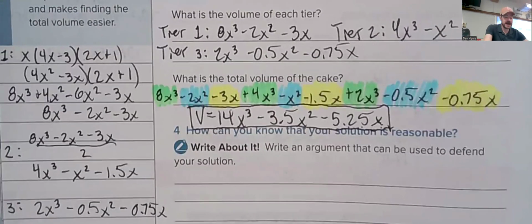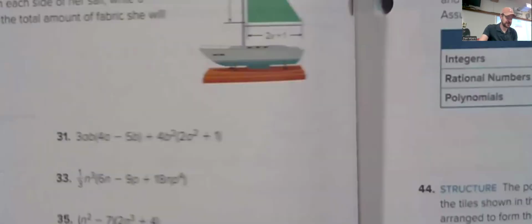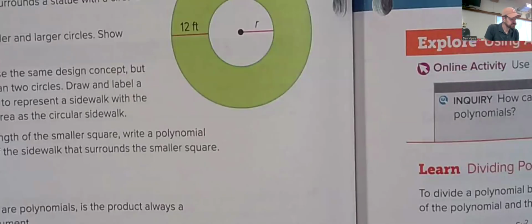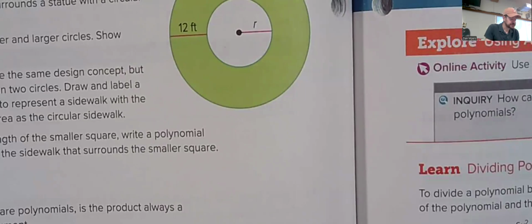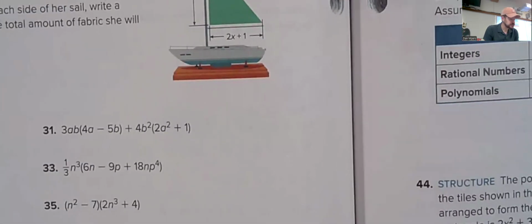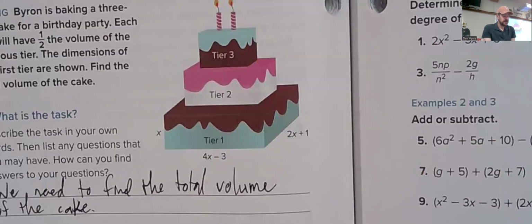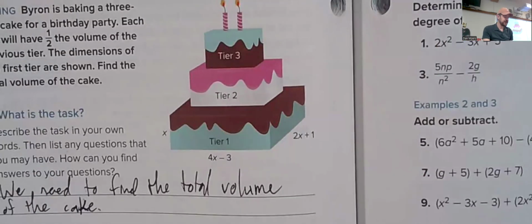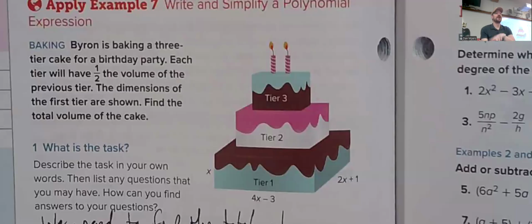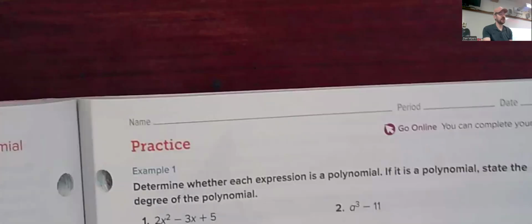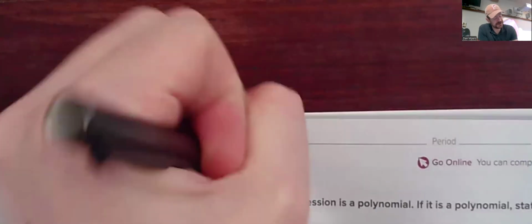Okay. Your assignment, lesson 4.3. Because you've done a bunch of this type of stuff before, we're going to do 1 through 47, every other odd. So it's not going to be a whole lot of problems to do.